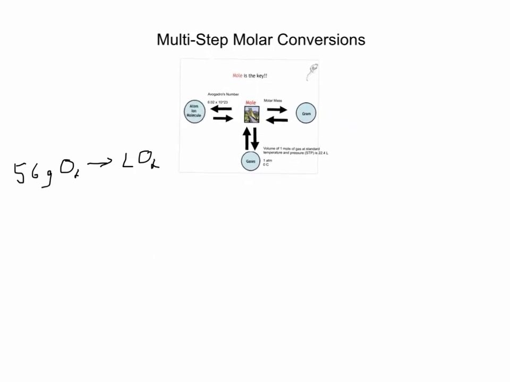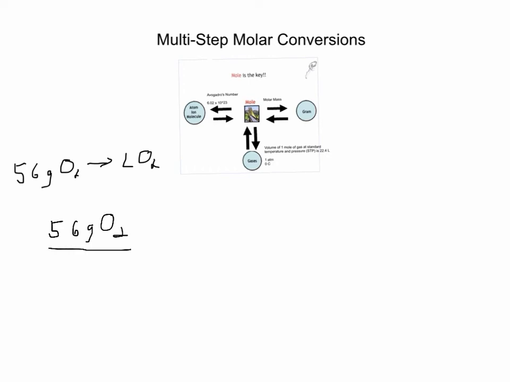So I gave the problem 56 grams of oxygen, convert that to liters. So we start with our given, 56 grams of oxygen, and as always that goes over 1 because that's our given. I then draw a new fraction. Old unit goes on the bottom, so grams of oxygen go on the bottom.